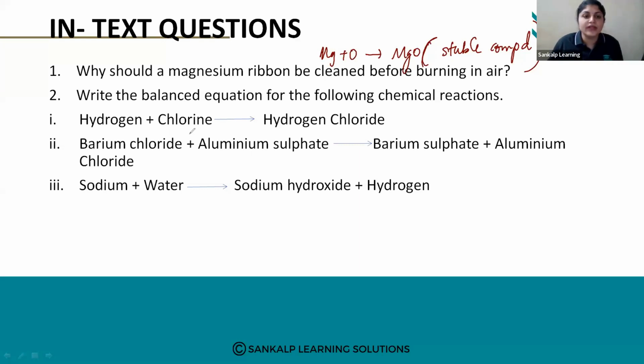So next is, write the balanced equation for the following chemical equations. First is hydrogen plus chlorine giving you hydrogen chloride. Yes, you can try how to write the balanced equation. So this is in the form of a word sentence, so you have to write it in the equation form.